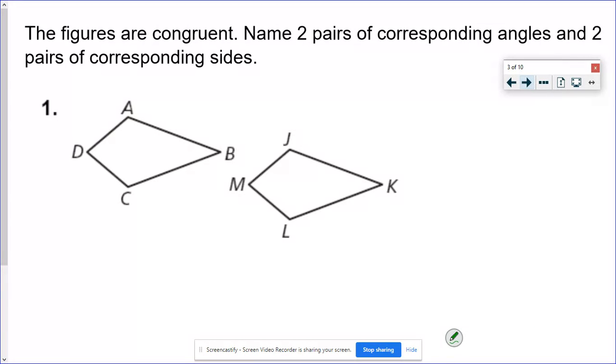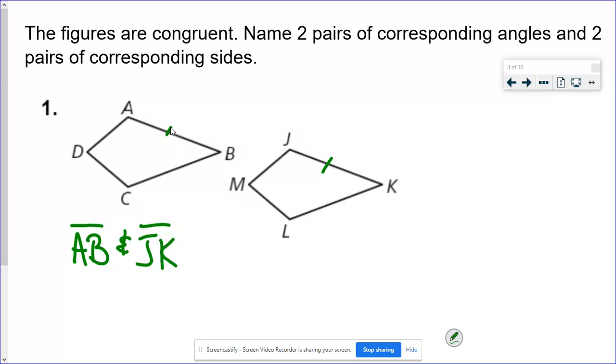So if I want to talk about side, let's say AB, this side right here, that matches with JK. When I name that, I want to say the same order for both of them. I would want to say that AB, and I even like that segment mark above it, and JK are the corresponding parts.